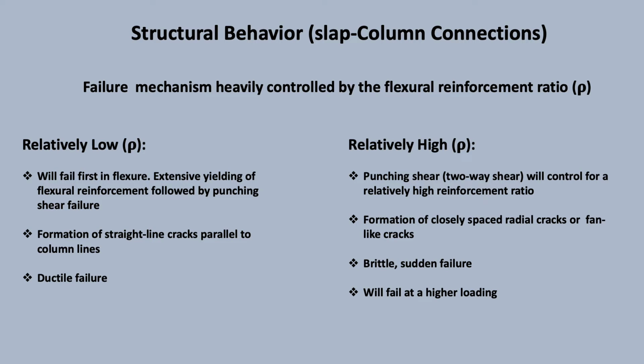A relatively high reinforcement ratio will lead to a brittle sudden failure and the formation of closely spaced radial cracks or fin-like cracks. Punching shear failure or two-way shear will control for a relatively high reinforcement ratio. Also, flat plates with a relatively high reinforcement ratio will fail at a much higher loading.